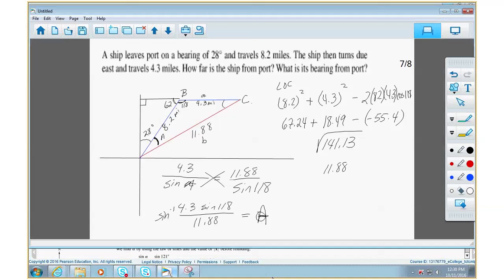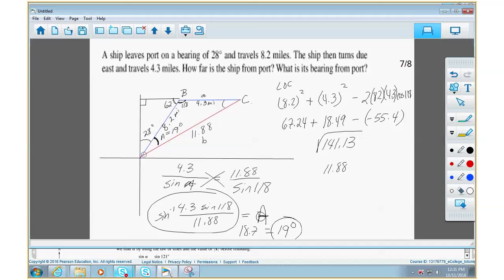Can you just do the sine of A equals 4.3 over 11.88? That's what I did. This is what this comes out to. 18.7 degrees or 19 degrees. So that means that A is equal to 19 degrees.